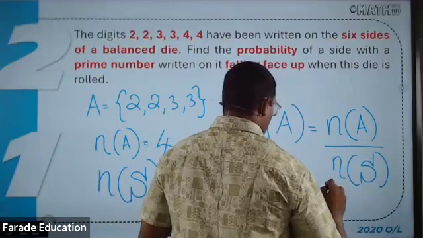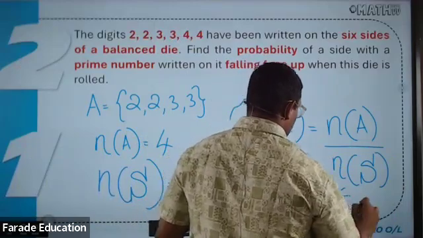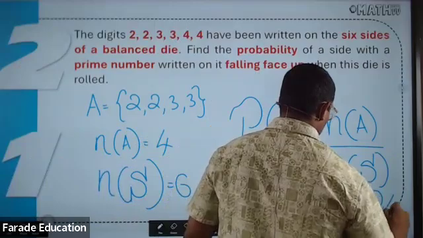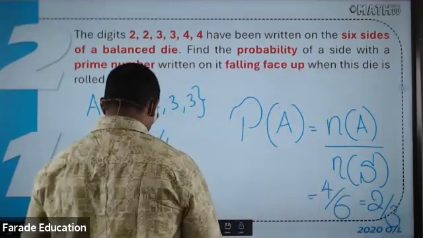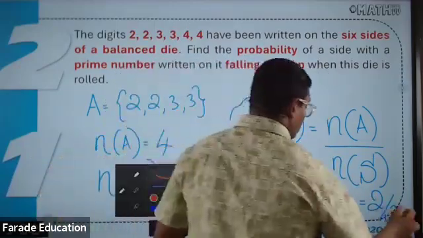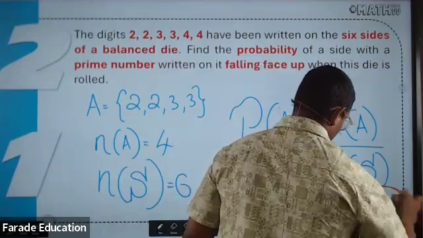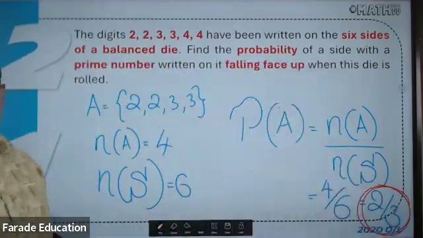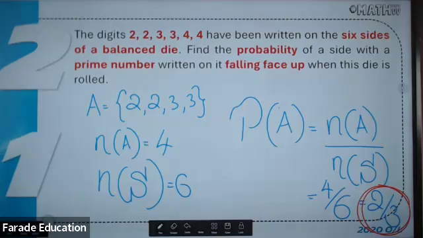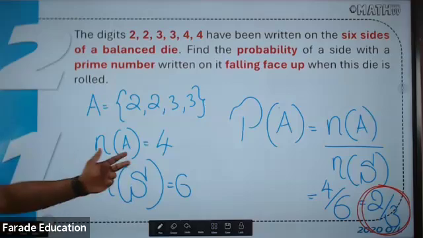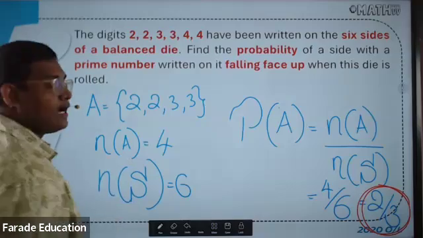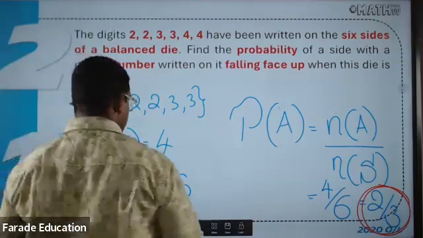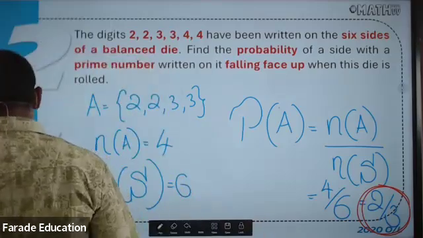So here, 4 over 6, the answer is 2/3. So out of 6 possibilities, 4 can be prime numbers. That is, out of 3 possibilities, there are two possibilities that you can get a prime number.